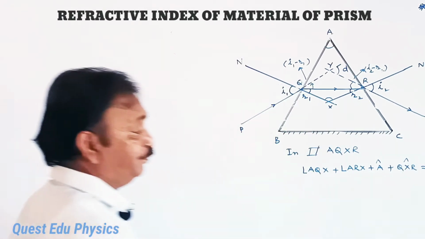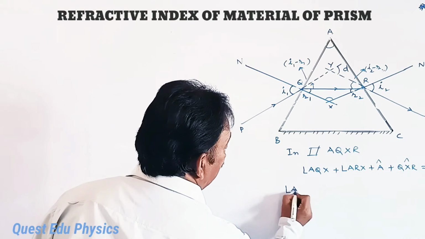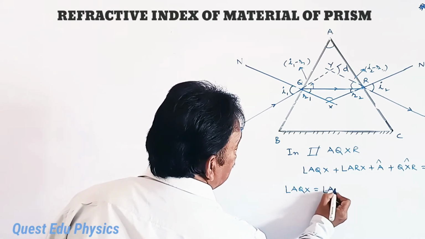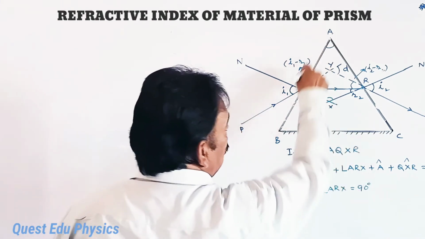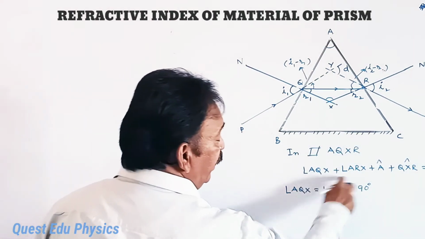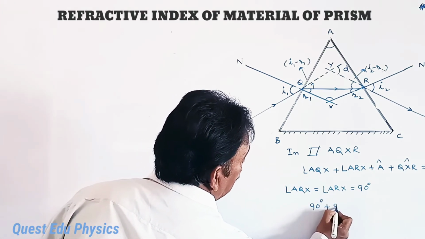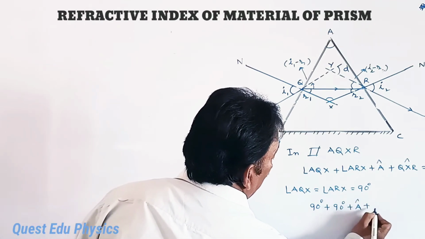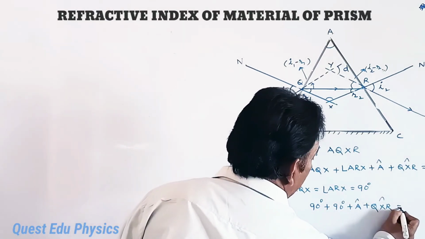We know this. Okay, students, here I said angle AQX is equal to angle ARX is equal to 90 degrees. These are right angles. Then it could be rewritten as 90 degrees plus 90 degrees plus angle A plus QXR is equal to 360.